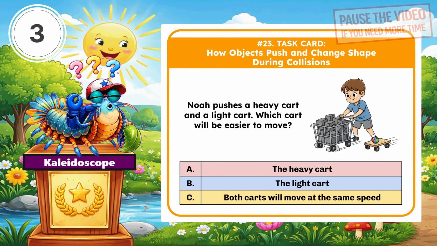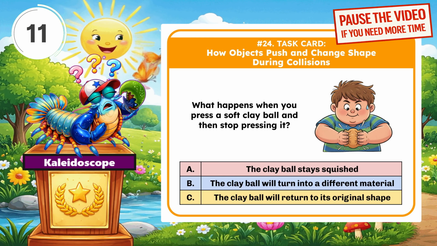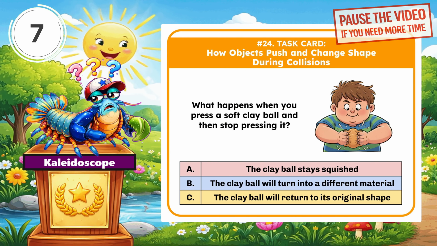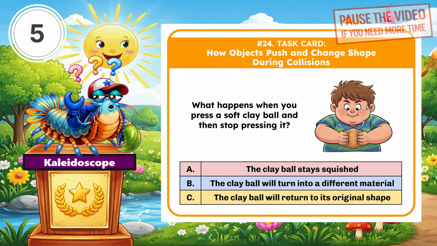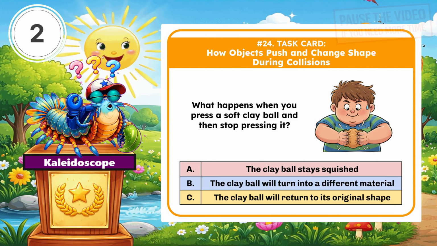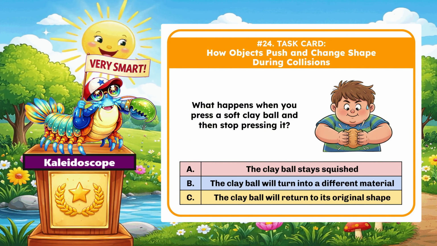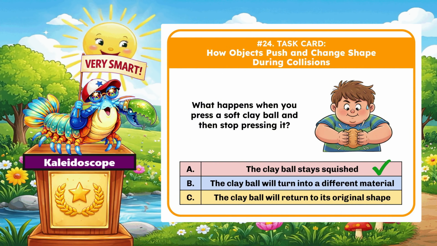What happens when you press a soft clay ball and then stop pressing it? And the correct answer is letter A, the clay ball stays squished.